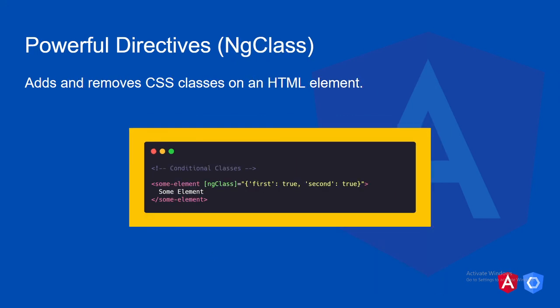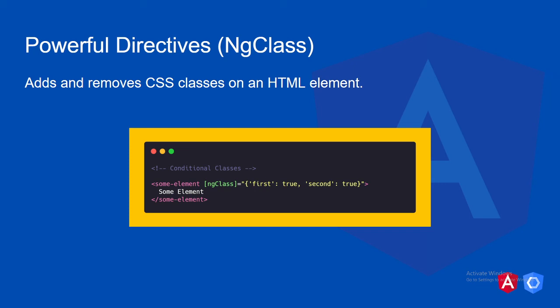ngClass is also a directive from Angular, which helps us add and remove classes on the basis of a condition. So this is the conditional class thing. The first and second are written in single quotation marks. These are the names of classes, and true is a hard-coded flag.